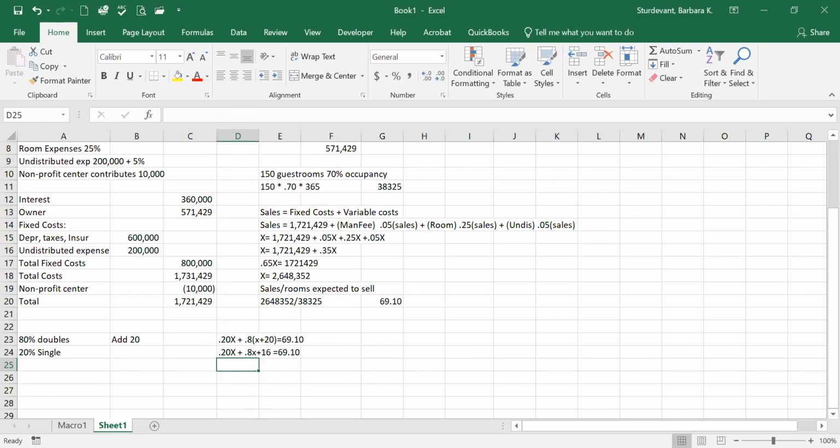Okay, so if we add our x's together, we're going to get 1x plus 16 is equal to the 69.10.